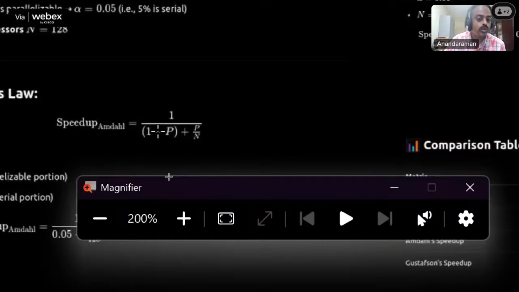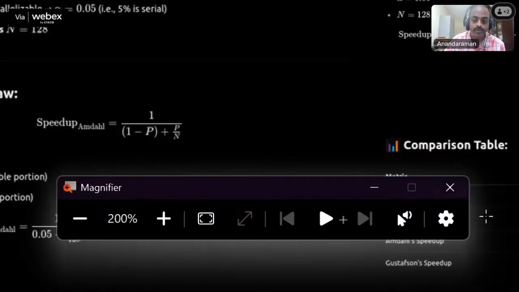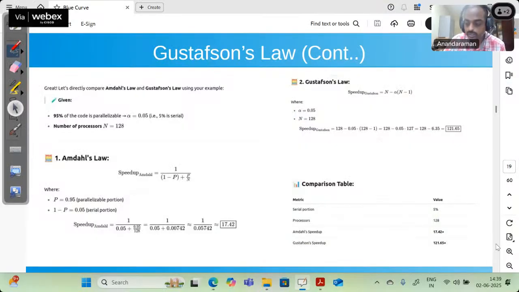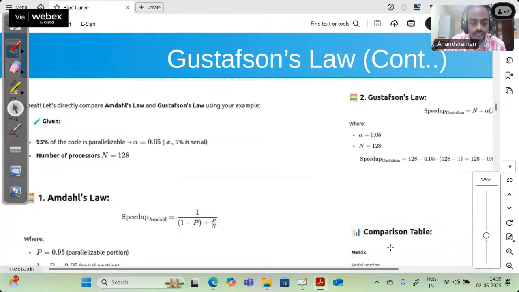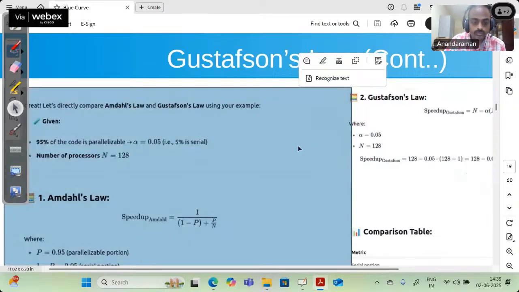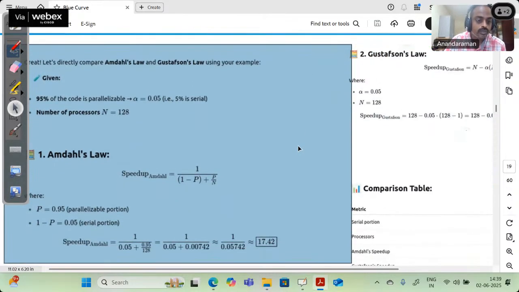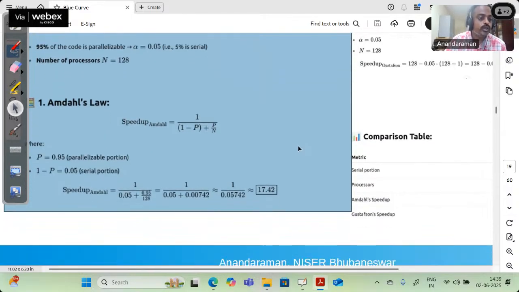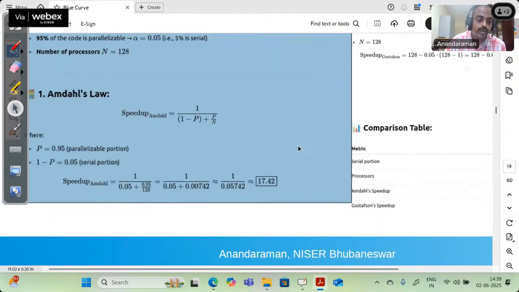So the speed up formula is 1 by (1 minus p plus p by n). P is equal to 0.95, 1 minus P is 0.05.